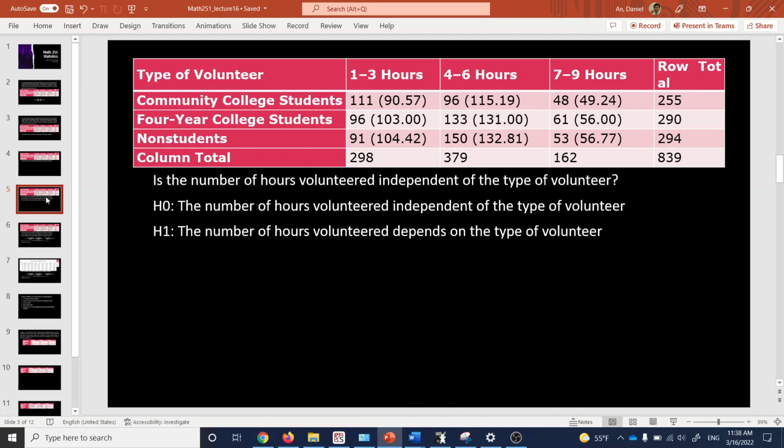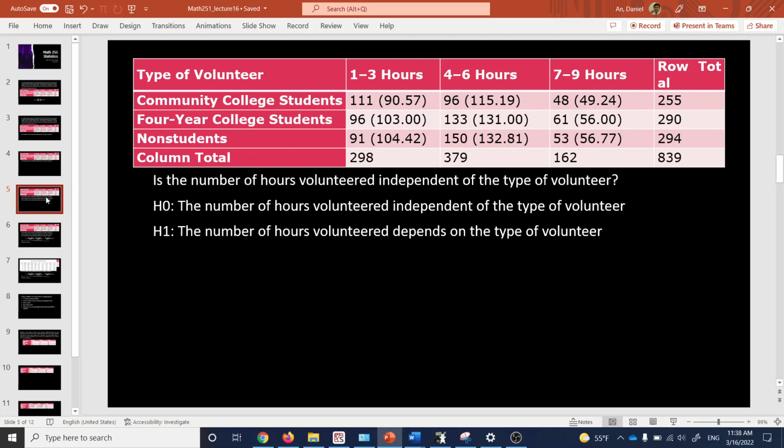However, when it comes to the chi-square test of independence, H0 is always that the rows and columns are independent. The alternative is that they're not independent. You get it? So H0 is independent, H1 is dependent.